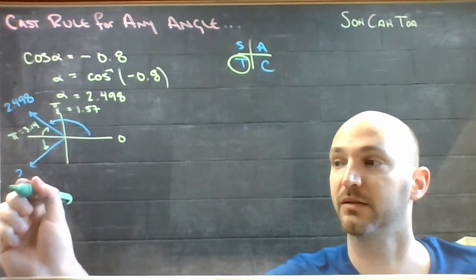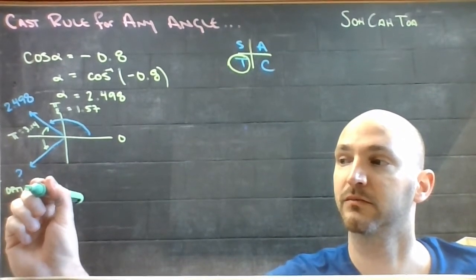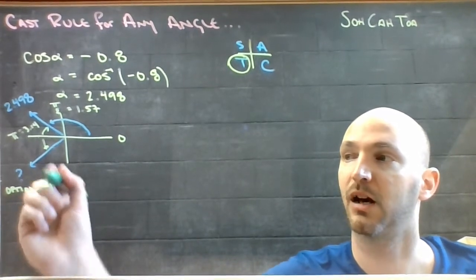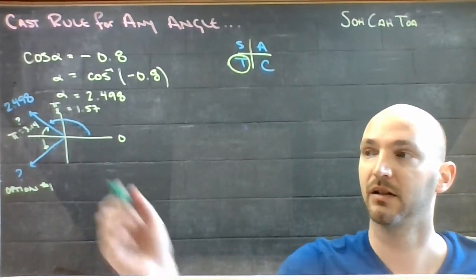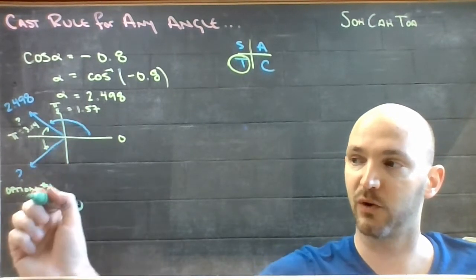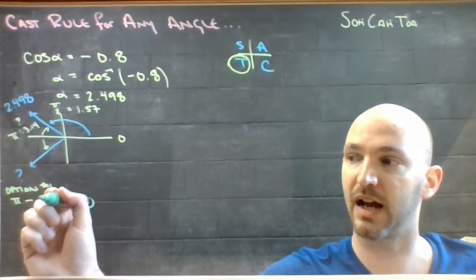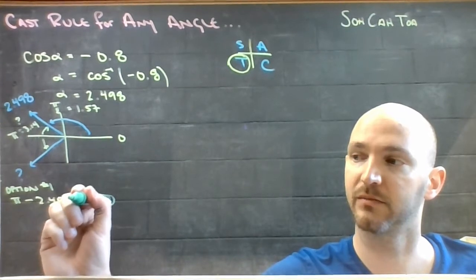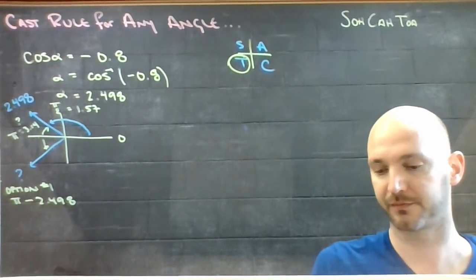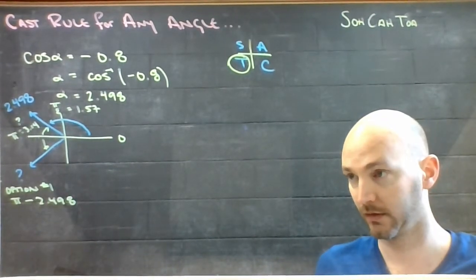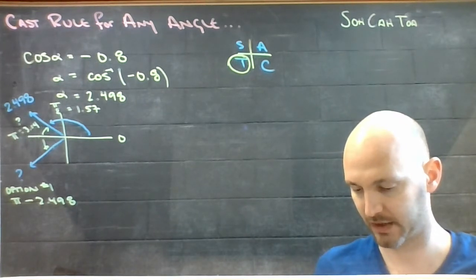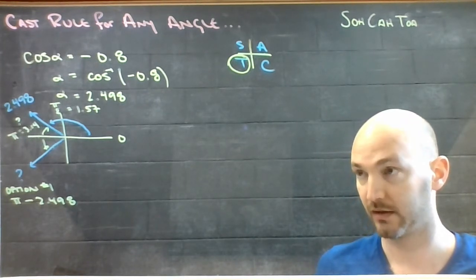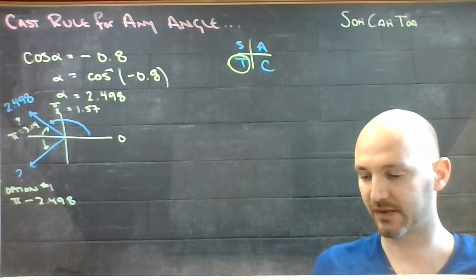So option 1. Option 1 means I need to figure out this piece here. So that wedge is a full pi, subtract 2.498. So pi minus my answer gives me 0.644.